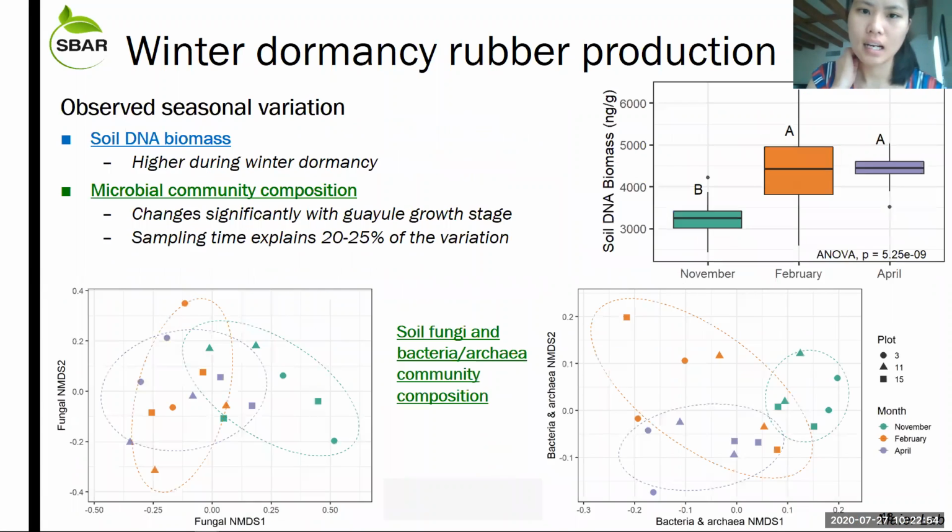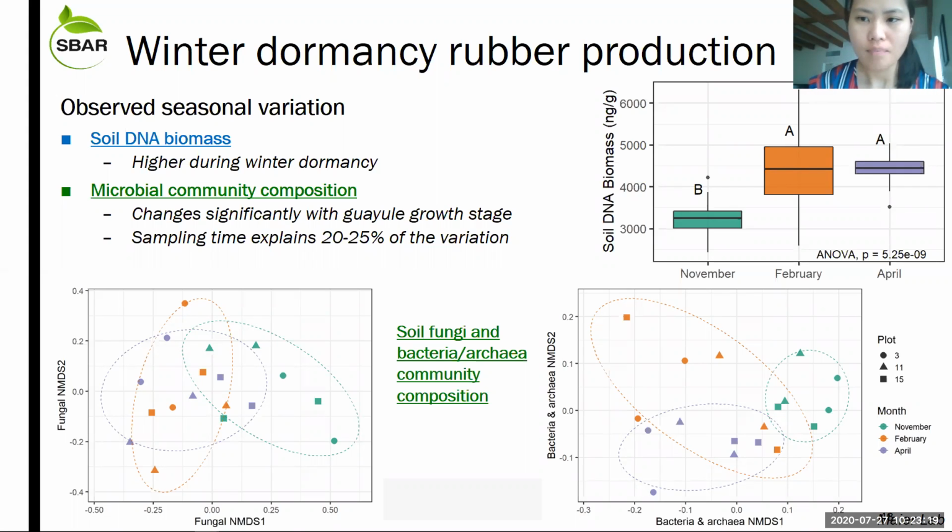But actually, from what we see, the conditions are not the same. When we look at the soil microbiome, we see that the plant is actually experiencing different conditions, both temporally and spatially.